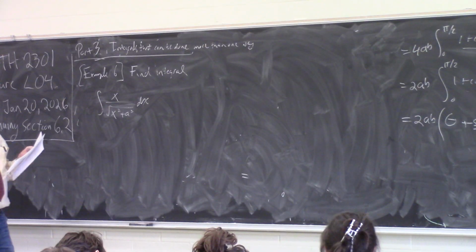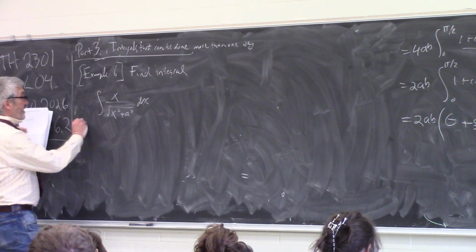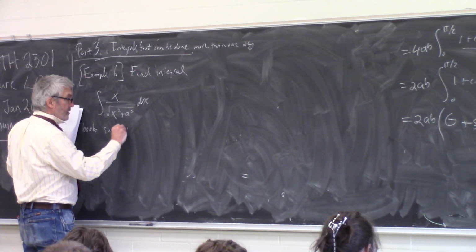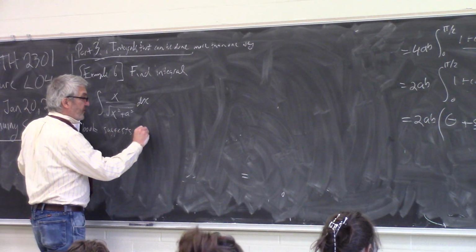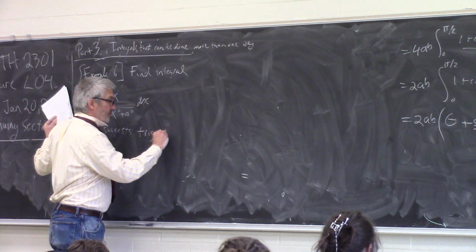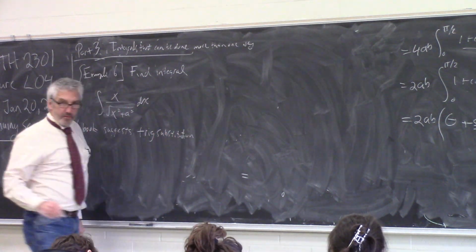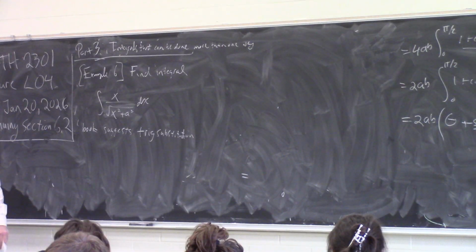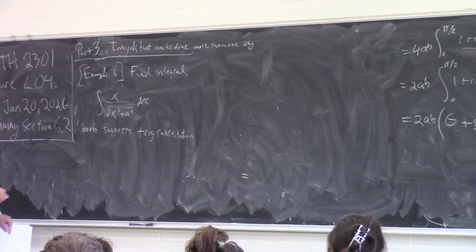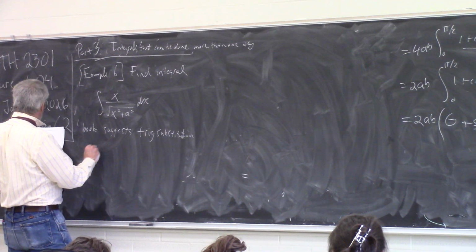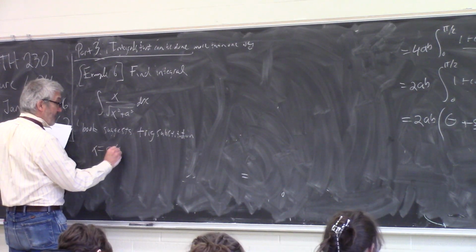All right, so the book suggests a trig substitution. So the bummer is this is one of your homework problems. And the book suggests this. Suggests saying that x equals a tan theta.